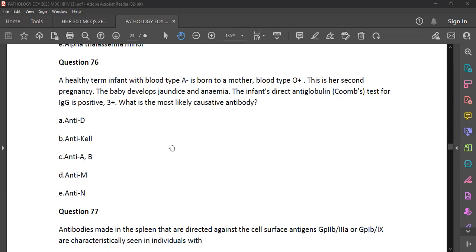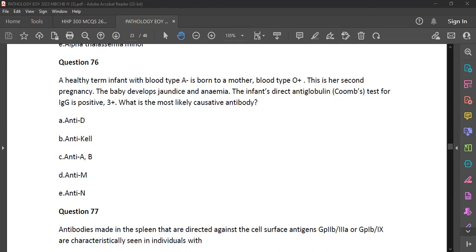Right. This is also a repeated question. We talked about how the mother is O positive and hence will not be having antigen A and antigen B. And we said that if you don't have the antigen, you're going to have the antibodies. So the antibodies here that are causing this hemolysis in the child are going to be anti-A and anti-B.